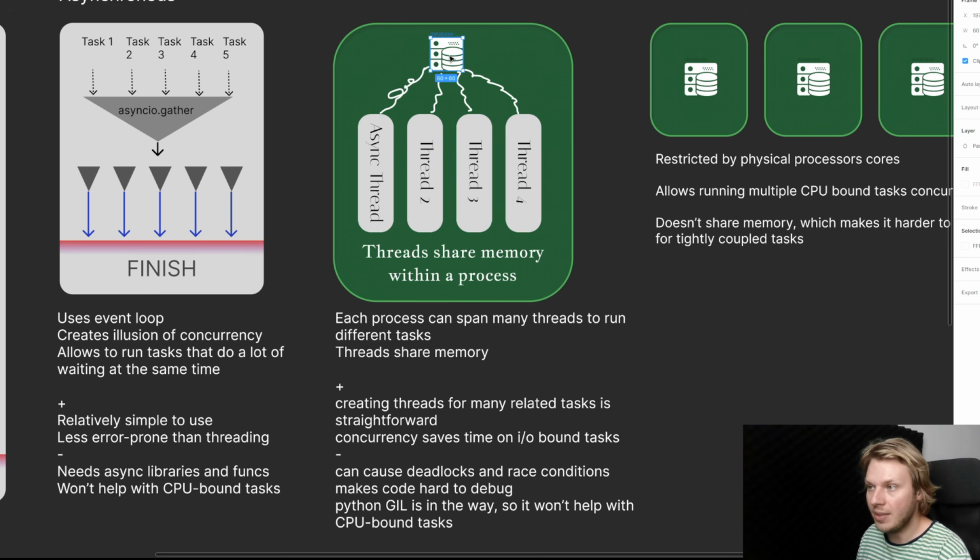This will be the memory of that CPU, and you might run several threads on it that will all execute their own thing, but they will all use the same memory that your CPU uses. So they share memory within a process.